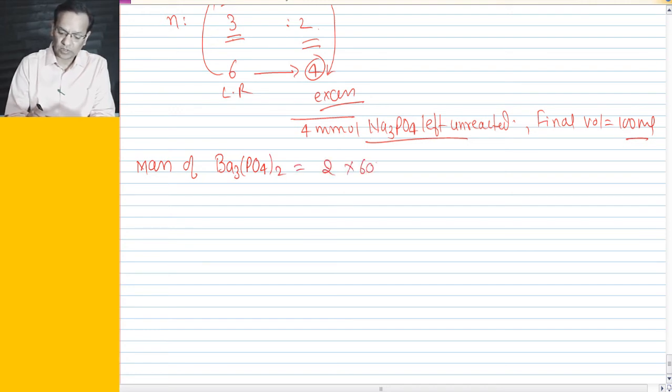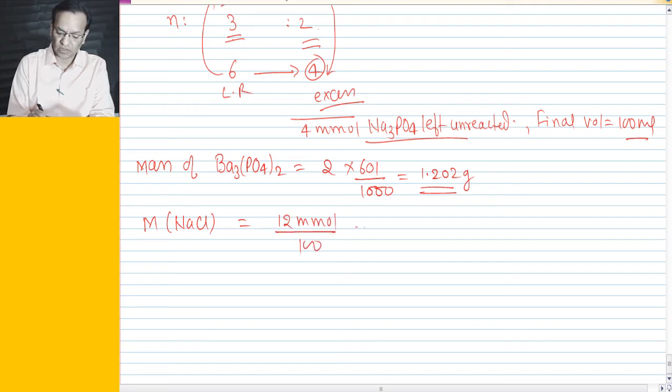So 2 into 601 upon 1000, so it will be 1.202 gram. Molarity of sodium chloride will be its millimole 12 divided by volume 100, so it is 0.12 molar.